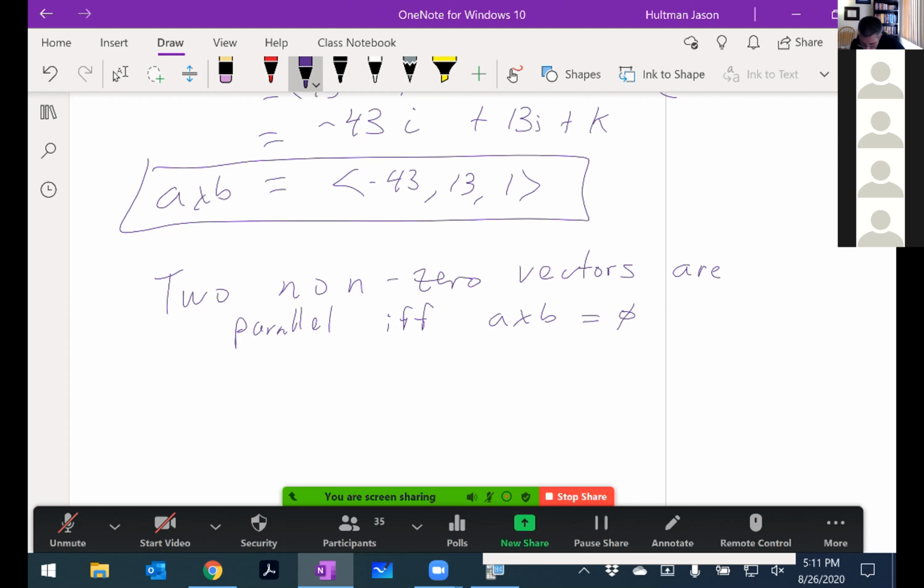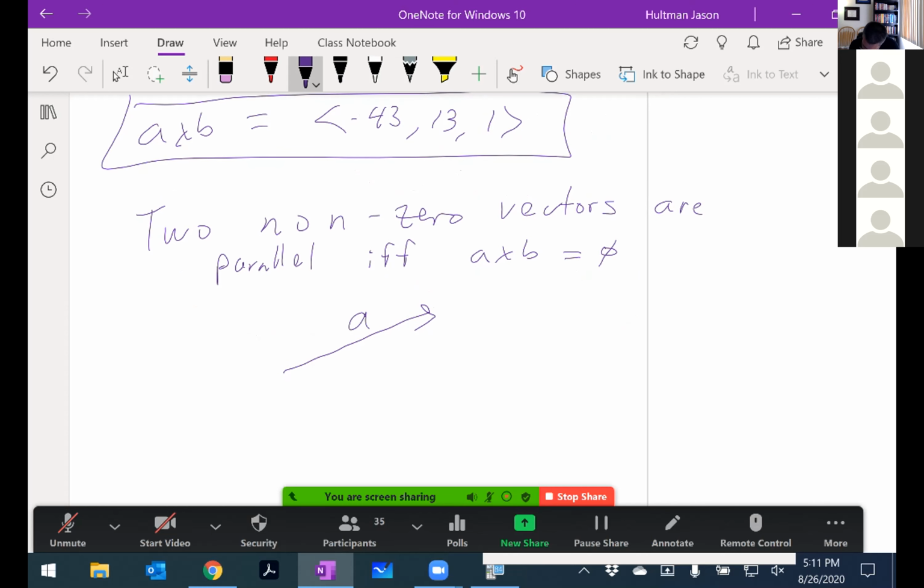Okay. So if I have a vector here, A, and I have a vector here, B, make it a different vector, B, if the cross product of those is 0, then they're parallel.